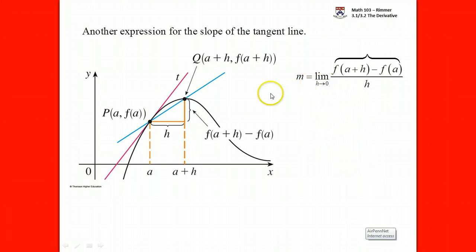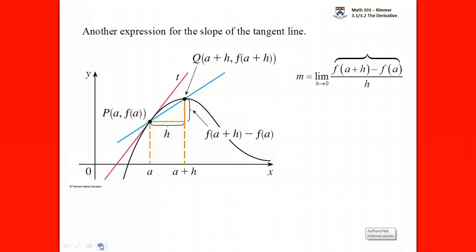And our limiting process is as h goes to 0, as this gap between our points goes to 0 from either side. Right now, it seems like the picture just has it going from the right-hand side, but h is going towards 0 from either side. And this is the more universally used way to find the slope of a tangent line at a particular point, x equals a.